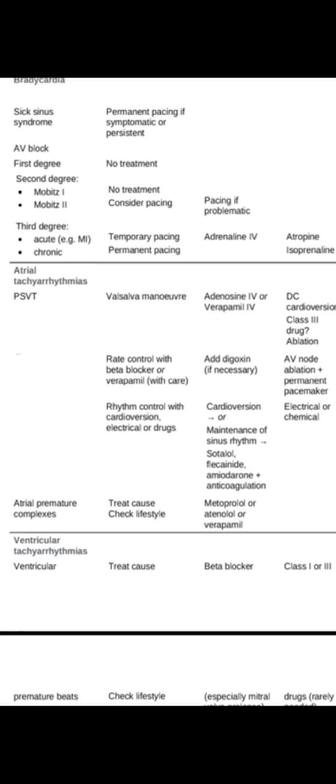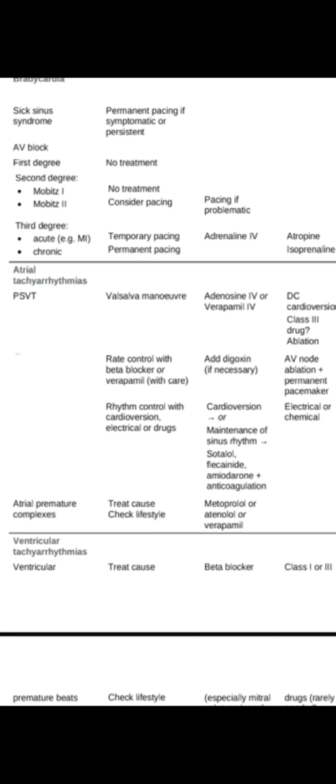Next is paroxysmal supraventricular tachycardia. As we have discussed before, the Valsalva maneuver is nowadays the treatment of choice. Carotid sinus massage is obsolete now. So we have to divide the patients: if the patient is hemodynamically stable, unstable, or if he doesn't have any pulse, there are 3 types of cases.